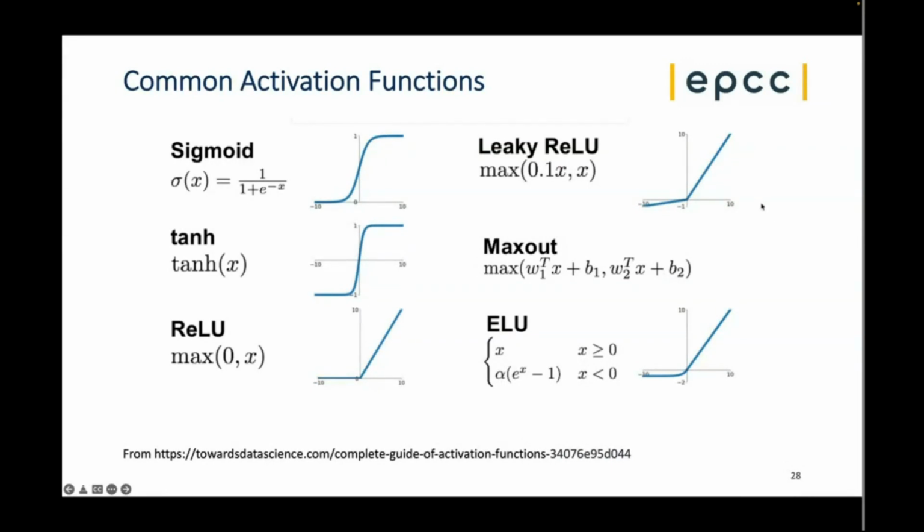Other ones people use are called leaky ReLU, which is a bit like a ReLU, but does have some slope here. The maxout is a little bit harder to depict as a single graph because it depends on multiple weights coming in.